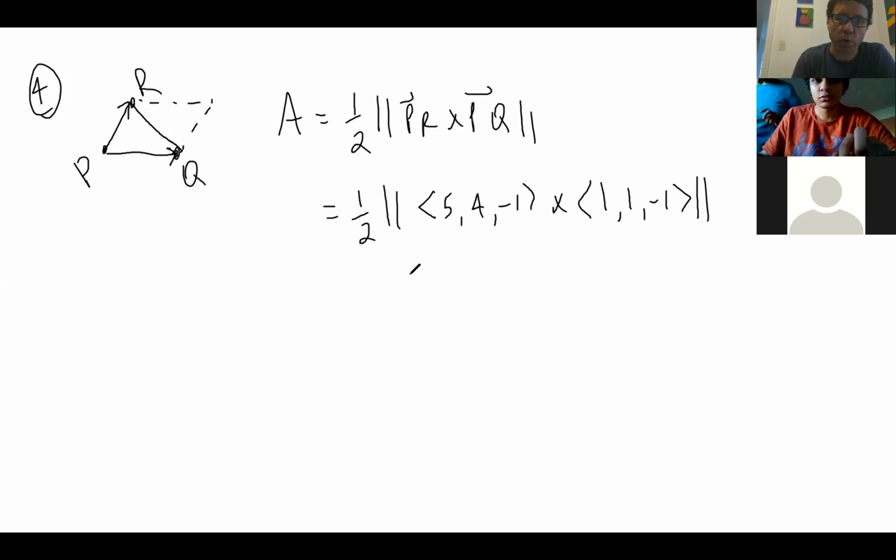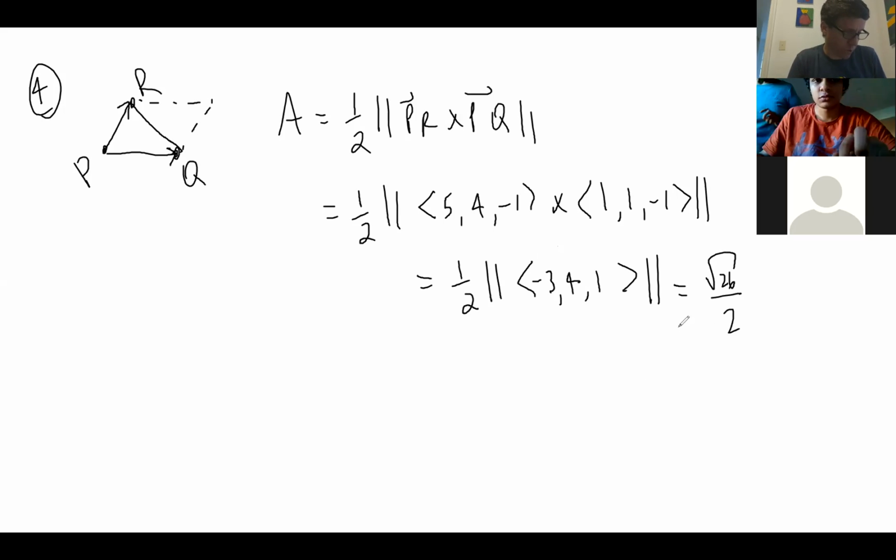So it doesn't matter which order you do these in. If you do the cross product this way, you will get -3, 4, and 1. And again, if you did it the other way, it would be 3, -4, -1. But the answer won't matter. When you take the square root of the squares of all these, you still get square root 26. Divided by 2.